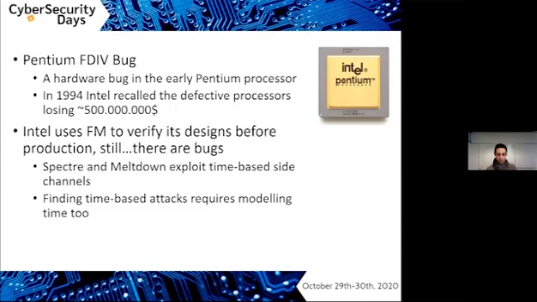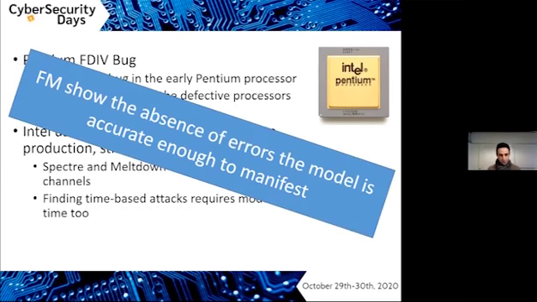They were not including qualities about the flow of time, how much time certain instructions would consume, and they were essentially blind to a whole category of attacks. And this is an example. There are many more in the literature. So again, to reiterate, formal methods are as good as the model, and as good as the level of abstraction we select.